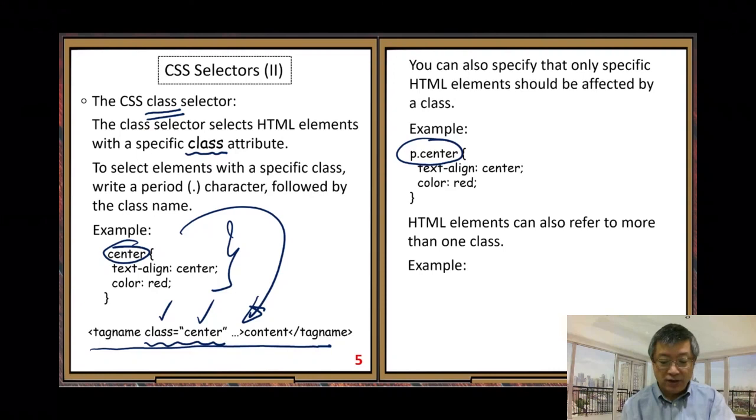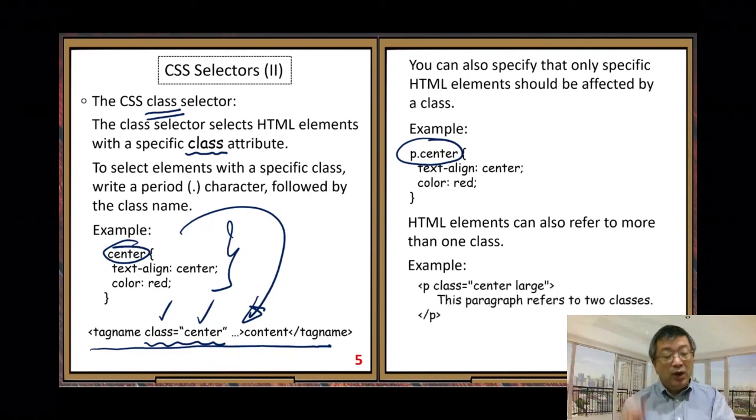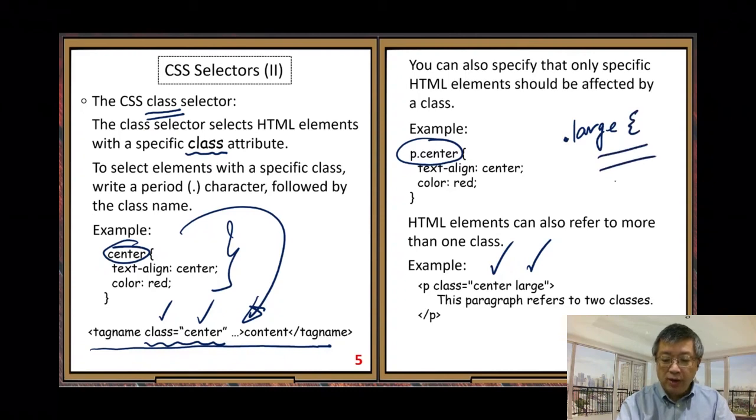Let's look at a simple example here. In this example, we apply two rules. Rule 1, center rule. Rule 2, large rule. How to define the large rule is not important. Somewhere we write a large rule: dot, curly braces, property 1, property 2, property 3, close curly braces.